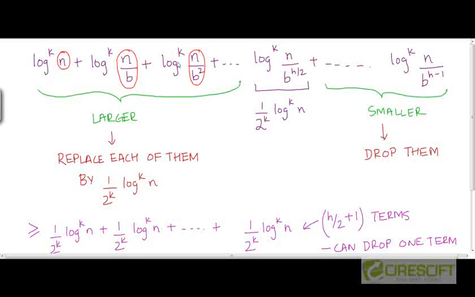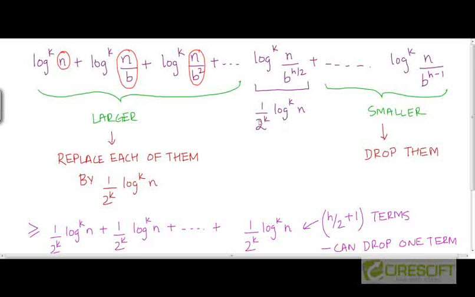Because if we reduce the values of all these terms to the value of the middle term, how many terms will we have whose value is equal to 1 by 2 to the power k times log to the power k of n? We will have about h by 2 terms, all with the value of log to the power k of n times 1 by 2 to the power k.